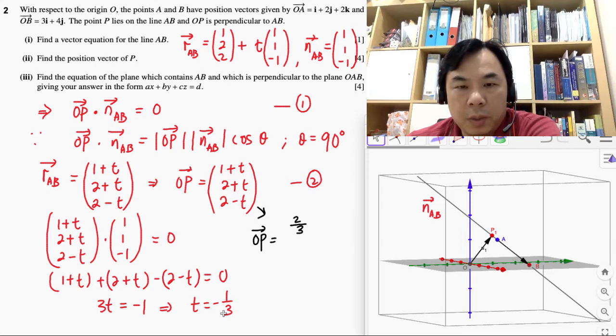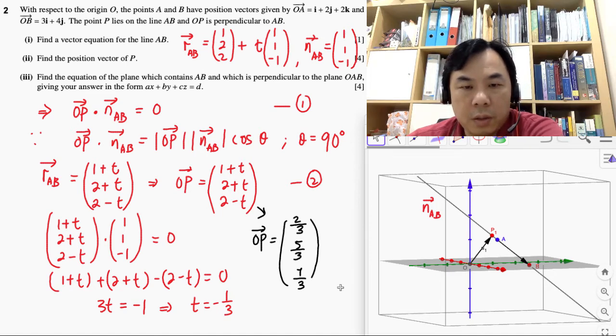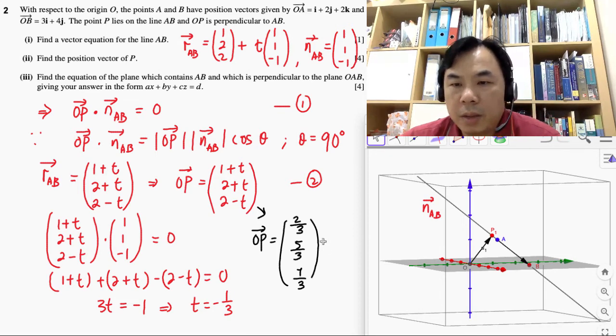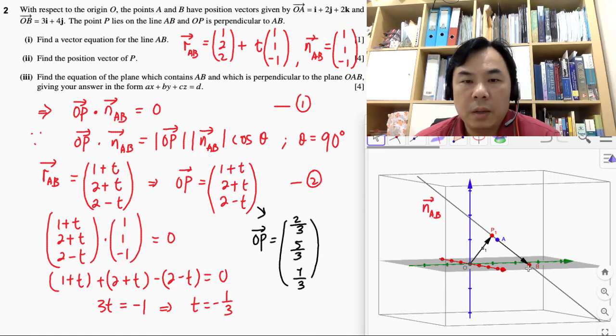The second one will be 5 over 3, and the last one will be 7 over 3. Is that correct? Just let me check for a while. Yep. So that will be the position vector that represents the point P on the line that makes a 90 degree angle between the line OP and the line AB. I hope that is clear at this point. I'm going to move on to the third one shortly.